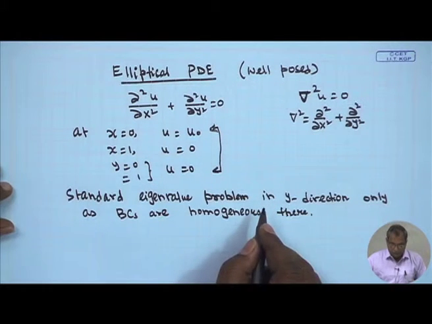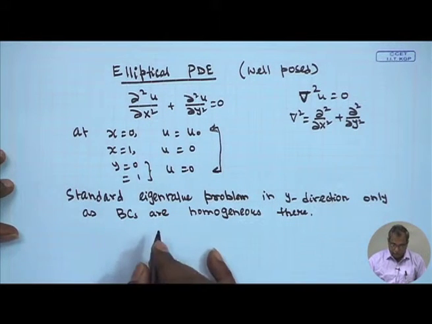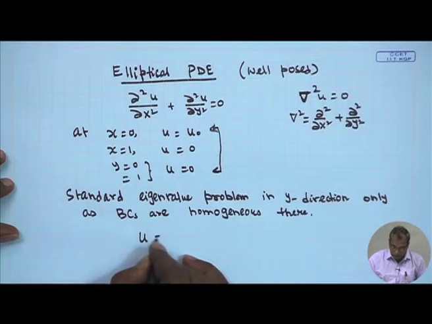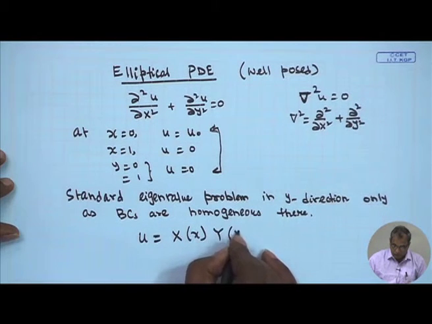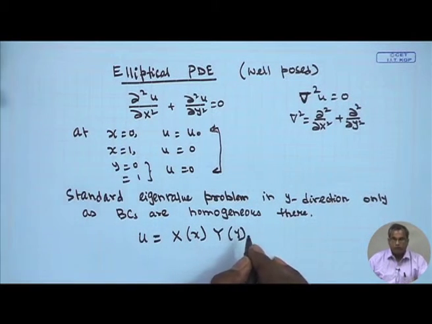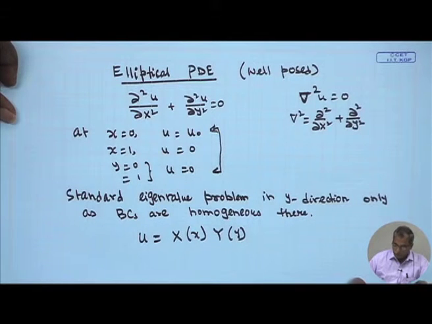Again it is a linear operator, so we go ahead with the separation of variables type of solution. Consider u as a product of a sole function of x and a sole function of y. We then substitute this into the governing equation.